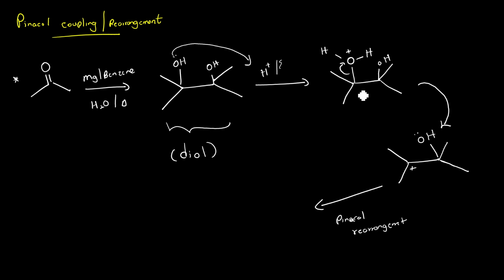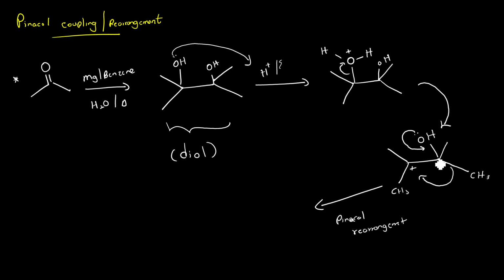There's a CH3 here, and there's a CH3 here. Likewise, these are methyl groups. These methyl groups can shift to this place because of the electron pushing from this particular oxygen. This oxygen is going to form its double bond, its pi bond, with this carbon. So this carbon is going to be destabilized.